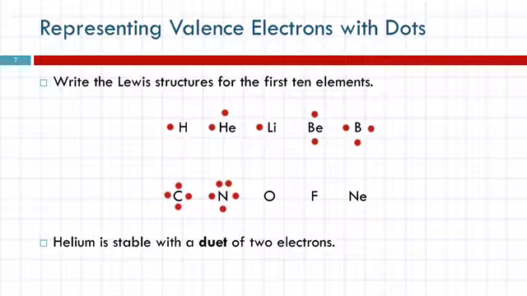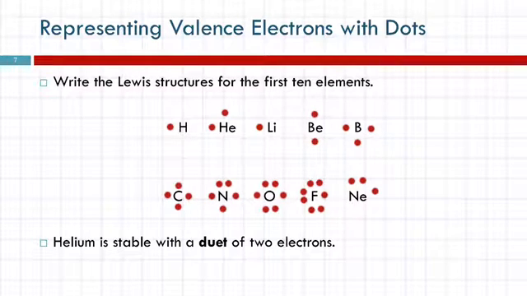Oxygen has 6 valence electrons, so we're going to have 2 pairs and 2 that are not paired. How about fluorine? 7. How about neon? 8. 8 valence electrons.